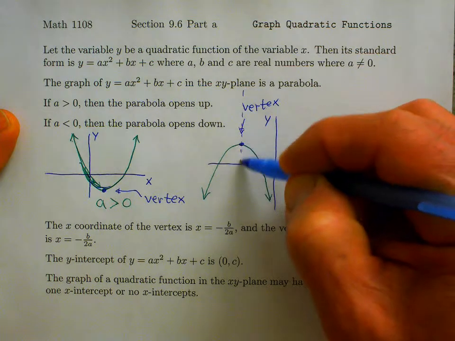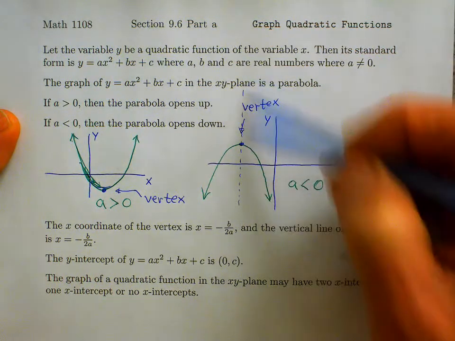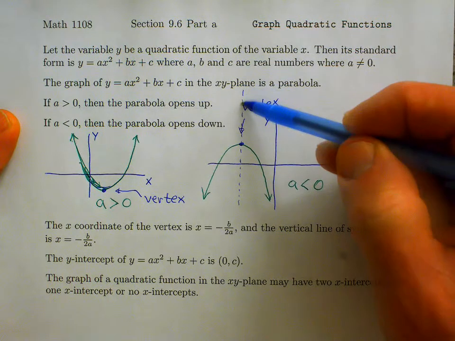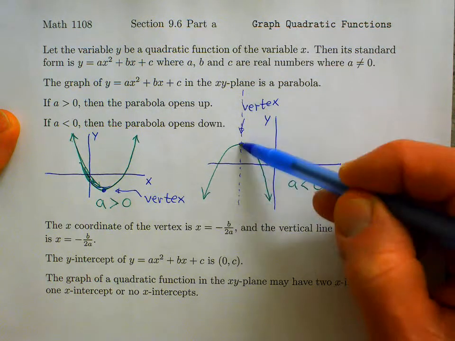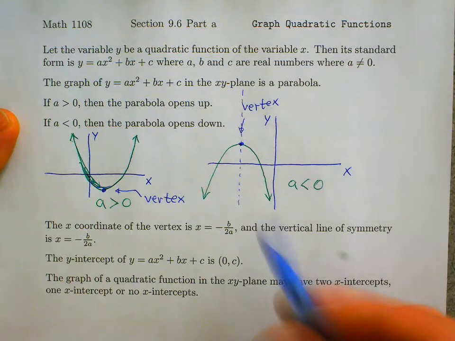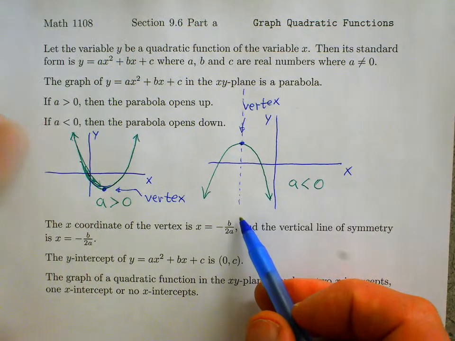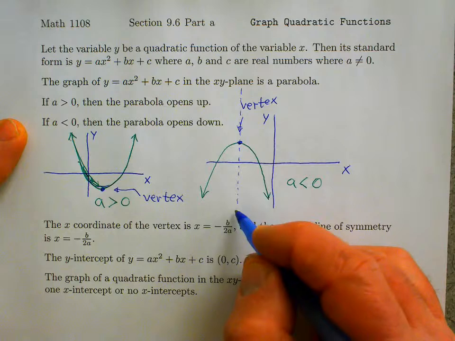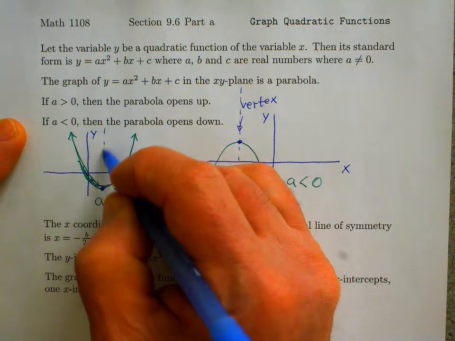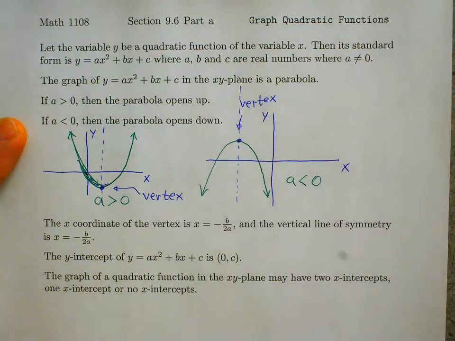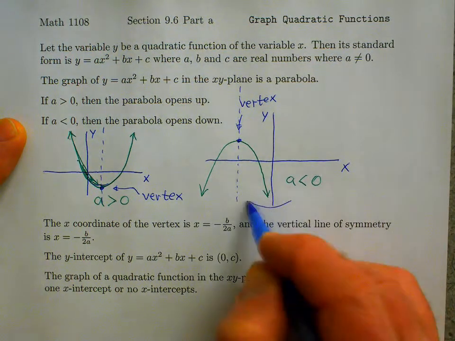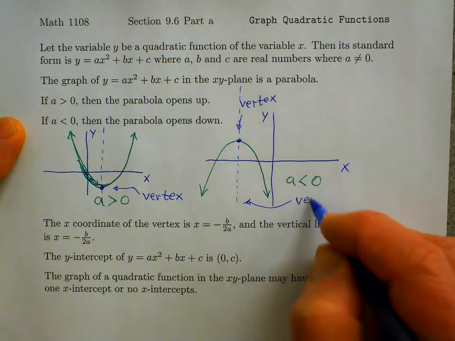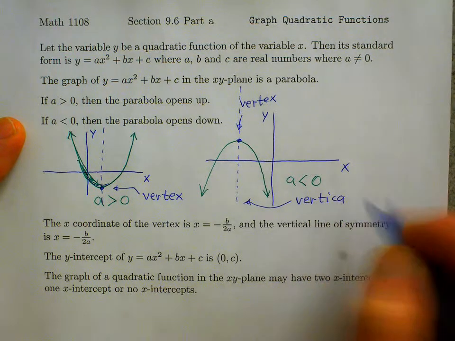We normally don't graph it, but this vertical dashed line that passes through the vertex is called the vertical line of symmetry. There's always a vertical line of symmetry for every parabola. It's the vertical line that passes through the vertex. So that's the vertical line of symmetry.